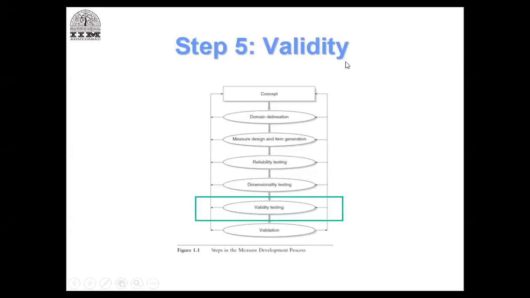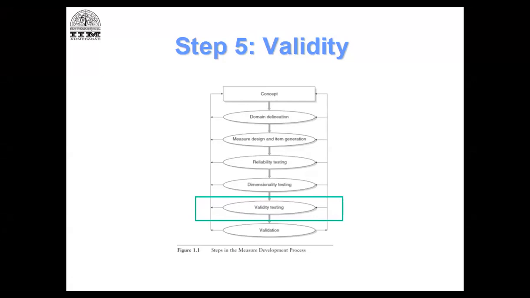You will collect data from a different sample and then test confirmatory analysis. So again, what you did was on the first sample, you explored the factor structure. You have now found that 10 items load onto 3 factors. Which items are loading?